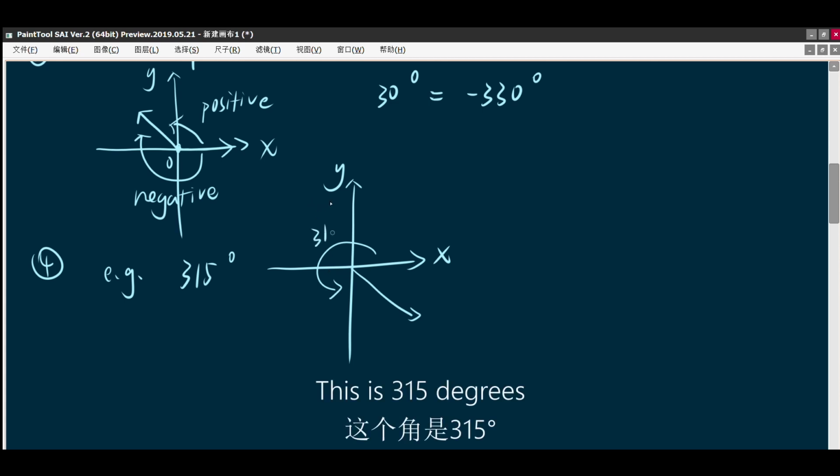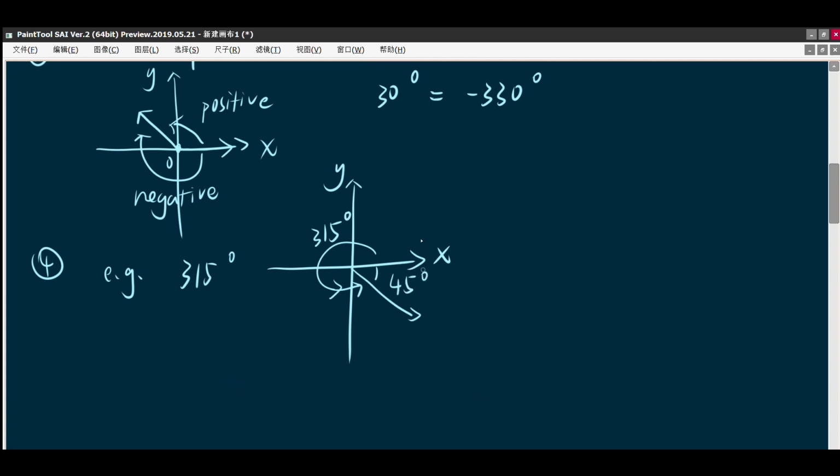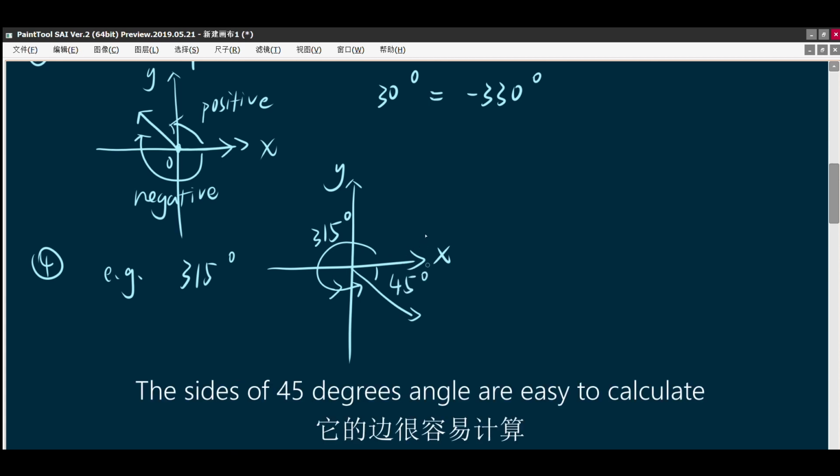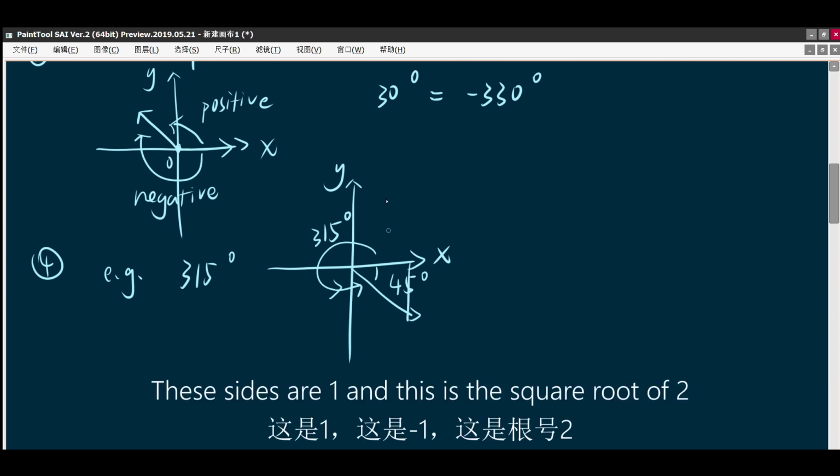This is 315 degrees. So this angle is minus 45 degrees. The sides of a 45 degrees angle are easy to calculate. These sides are 1. This is minus 1.